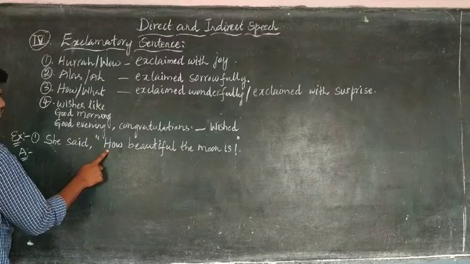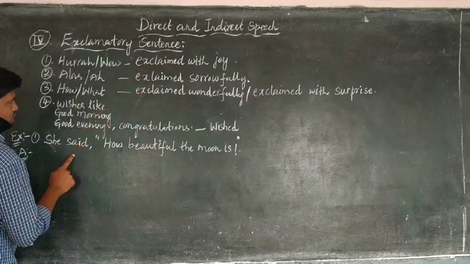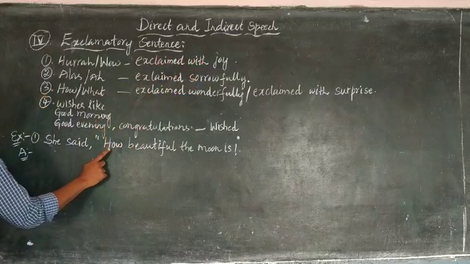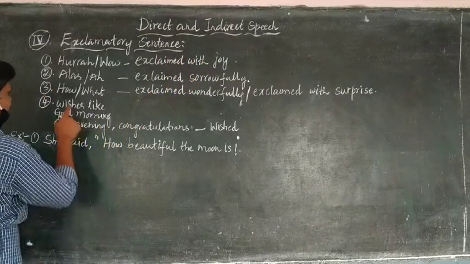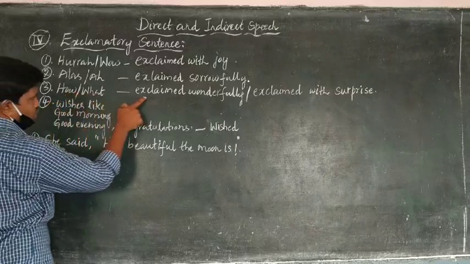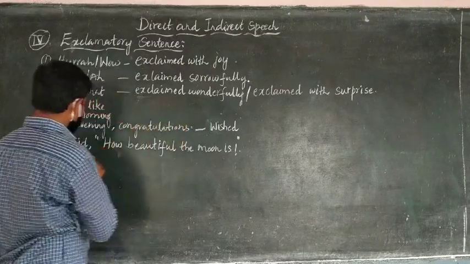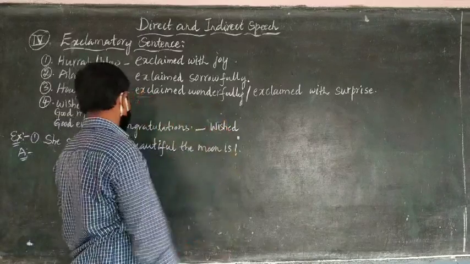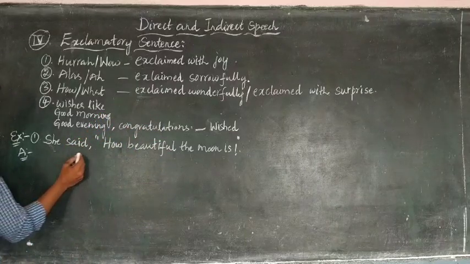So if the sentence starts with hurrah, you must write in the reporting verb place in the indirect speech exclaimed with joy. But here how has been given. How or what, if you see in the direct speech, immediately you must write in the reporting verb in indirect speech exclaimed wonderfully or exclaimed with surprise.